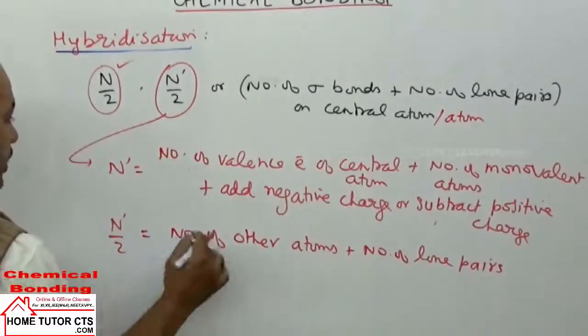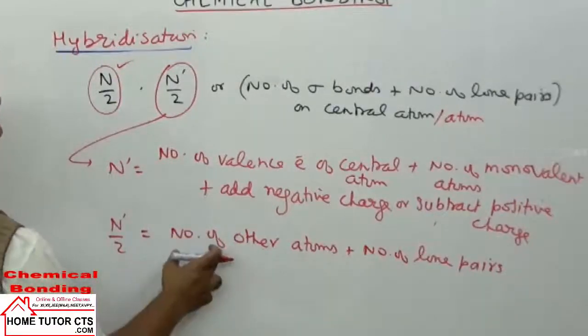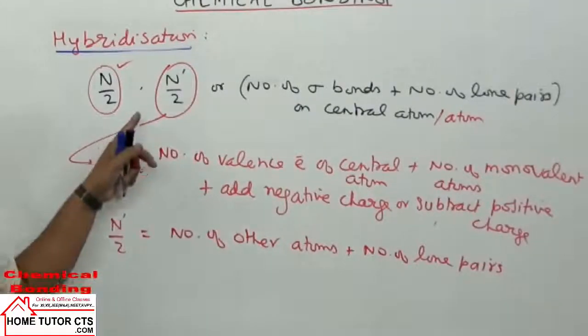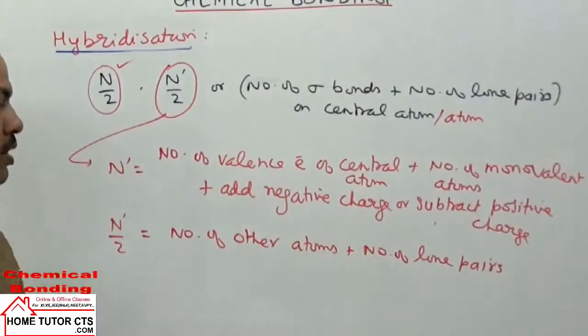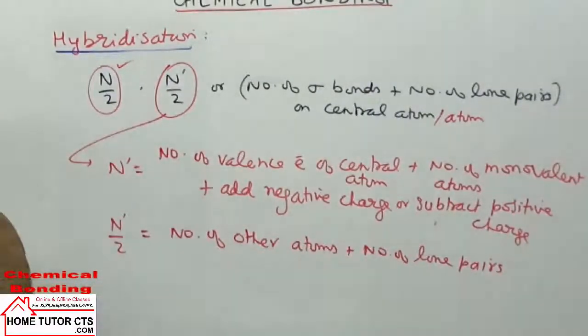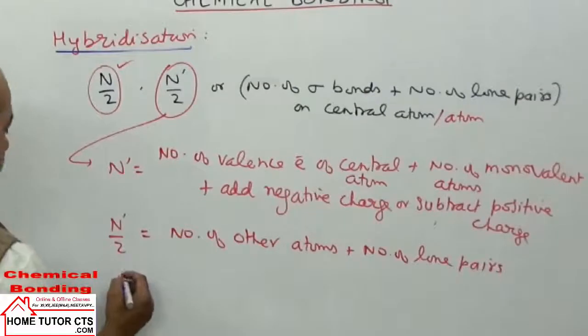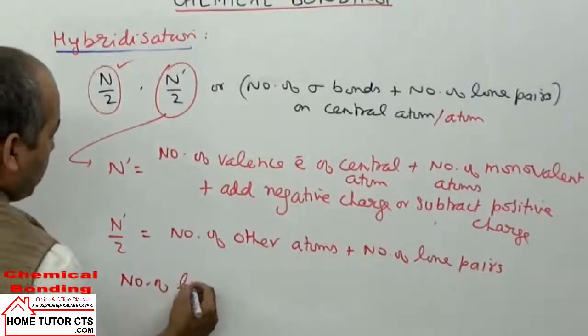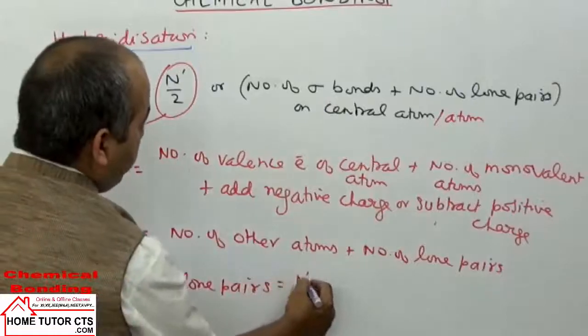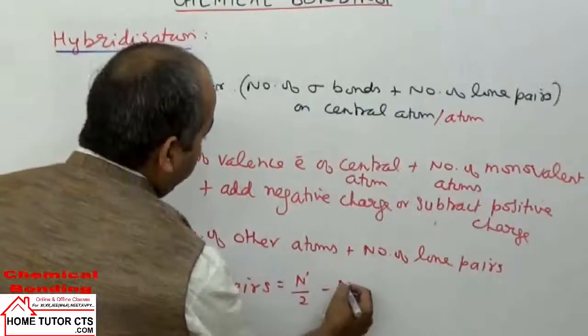And the number of other atoms we can find from the structure given to you or the formula given. Once that is known to us, we can find the number of lone pairs. So what is the number of lone pairs from here? The number of lone pairs can be taken equal to n dash by 2 minus the number of other atoms.